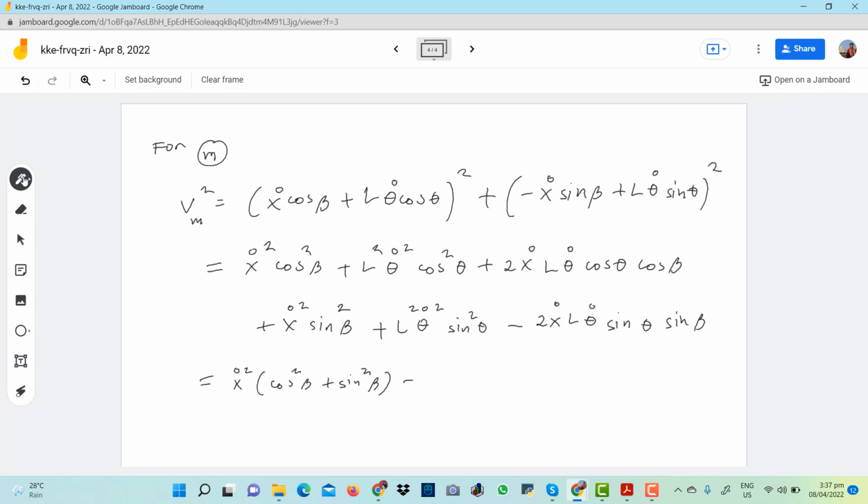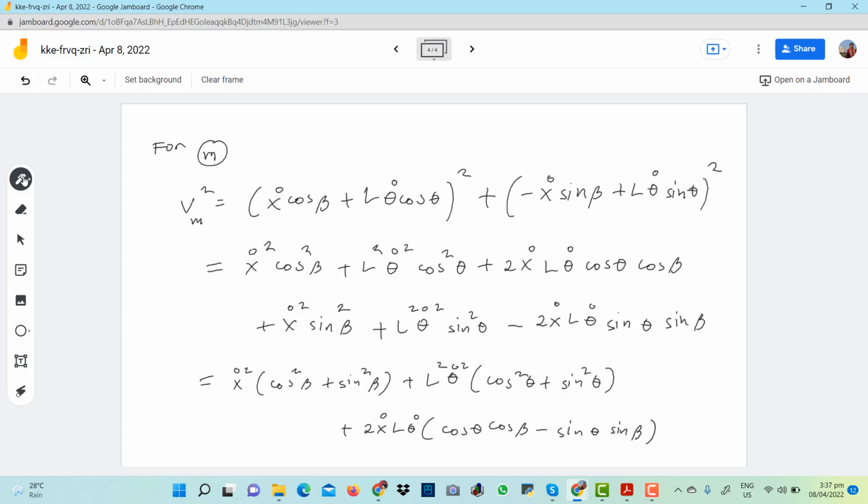Plus L squared theta dot squared, cosine squared theta plus sine squared theta, which is just equal to 1 again, plus 2 x dot L theta dot times cosine theta cosine beta minus sine theta sine beta.